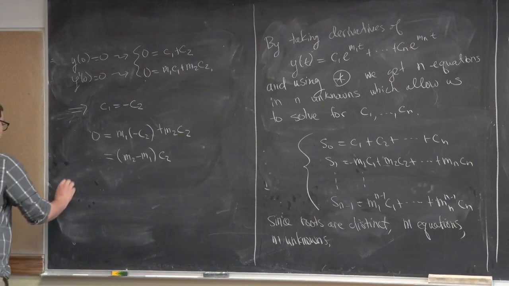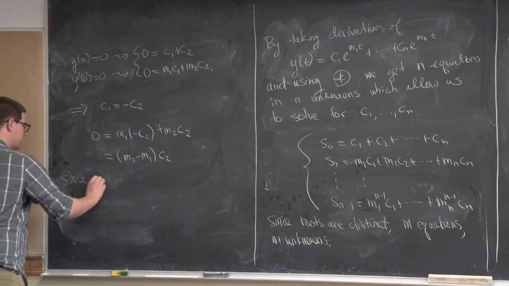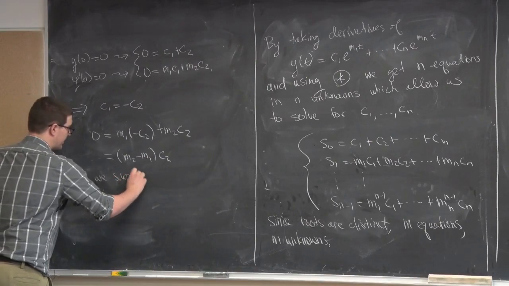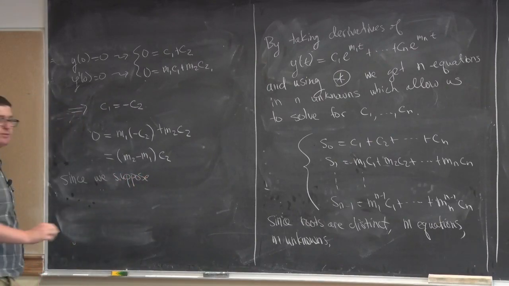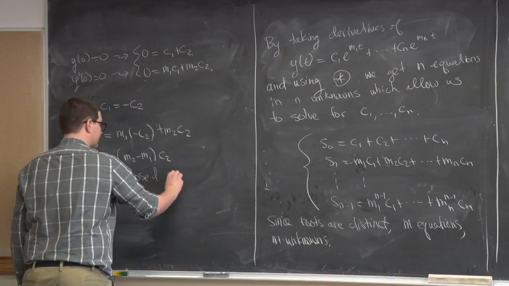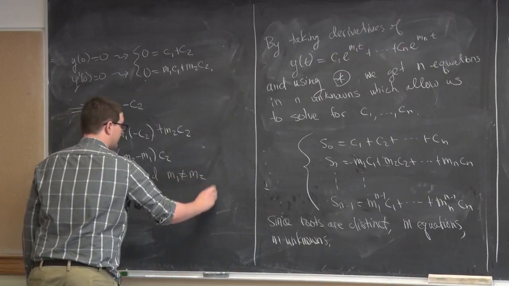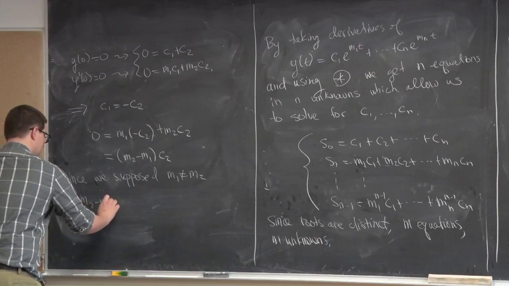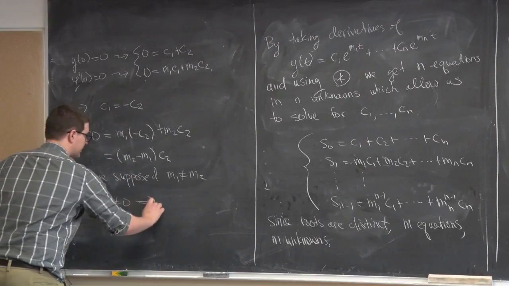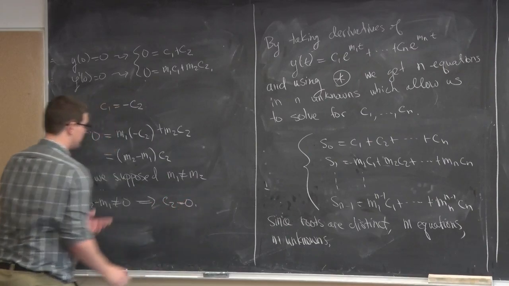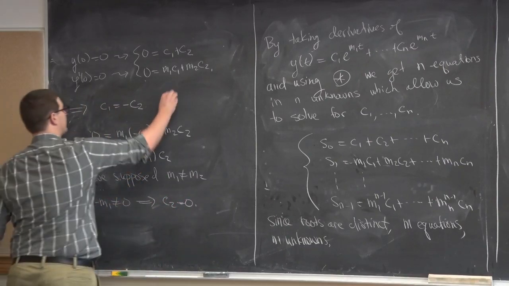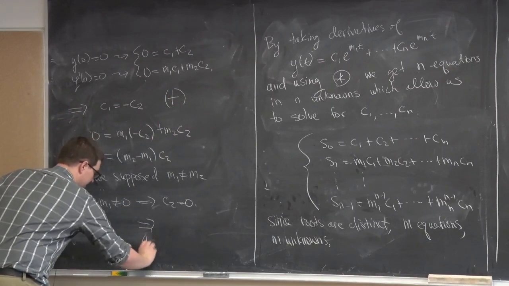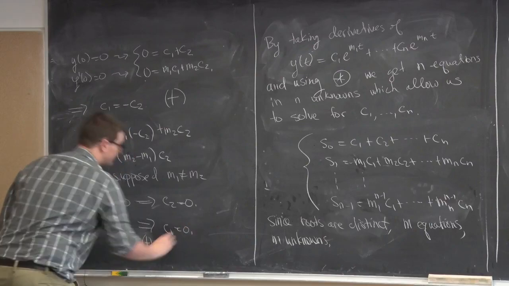Since we supposed, so this is why I'm saying that you have to deal with stuff when you have repeated roots. But since we supposed m1 is not equal to m2, this thing here is not 0, which implies that c2 is equal to 0. Okay? And using this equation here, this implies by this thing that c1 is also equal to 0.